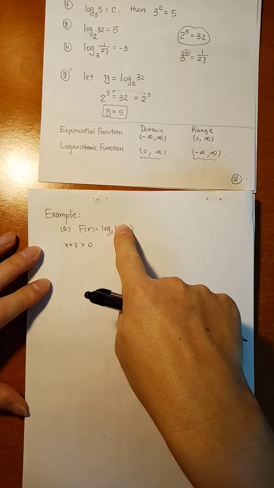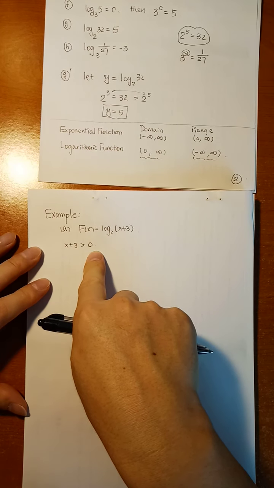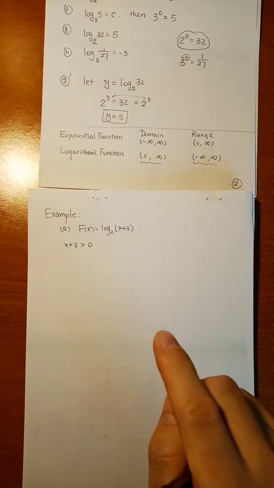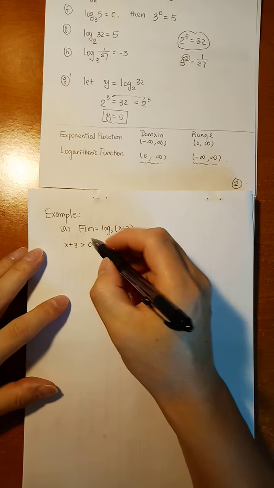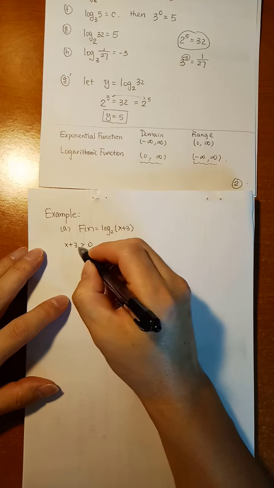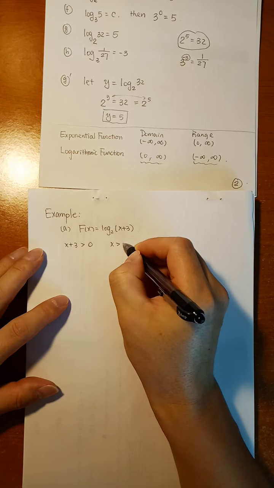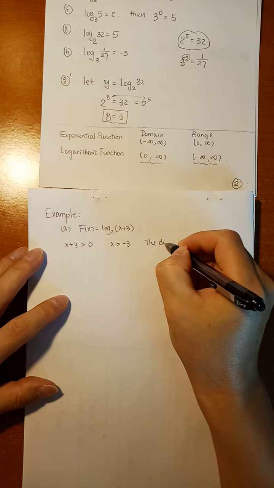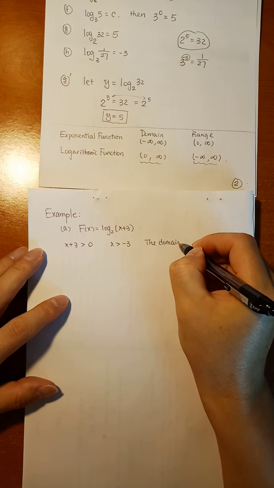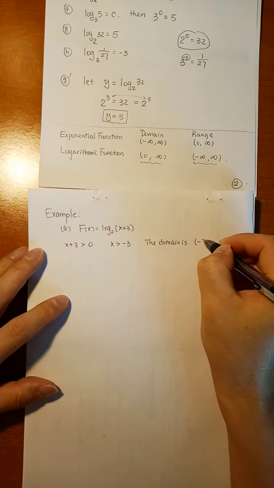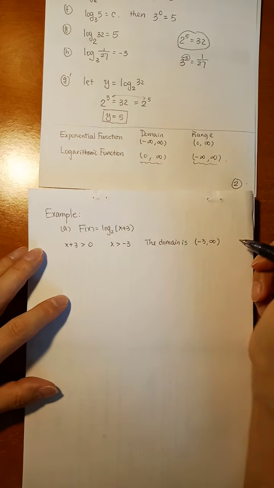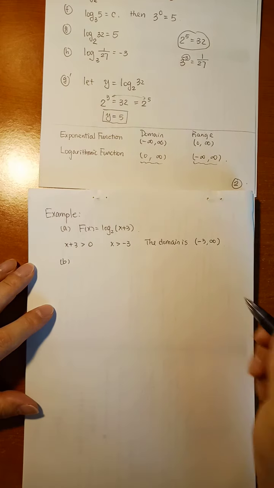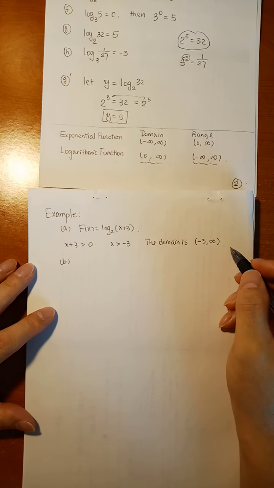So whatever is inside, the expression has to be greater than 0, because the domain of a logarithm is greater than 0. So you put x plus 3 greater than 0, you get x greater than negative 3. So the domain is negative 3 to infinity.